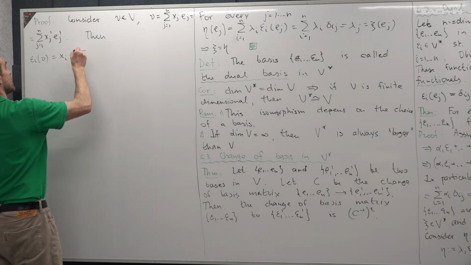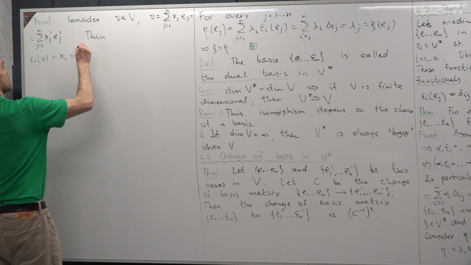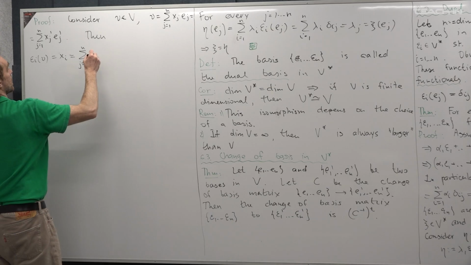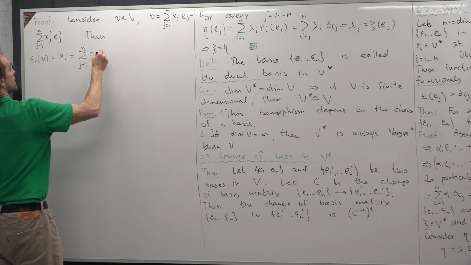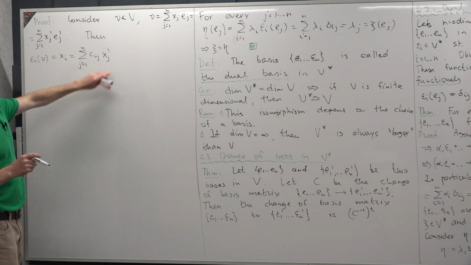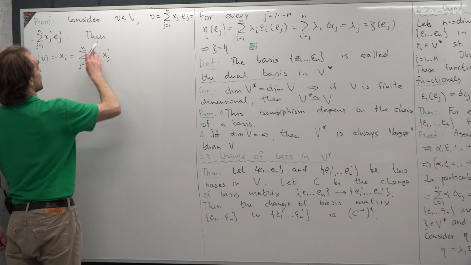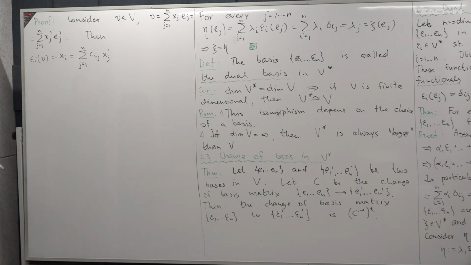So this is the sum where j ranges from 1 to n, c sub ij multiplied by x sub j prime. So the old coordinates, the coordinates with respect to the old basis, are expressed in terms of the coordinates with respect to the new basis. And here C is the change of basis matrix.